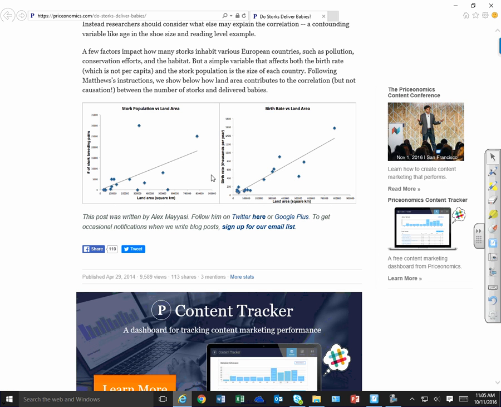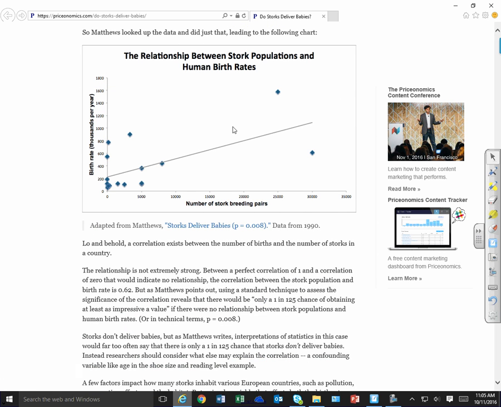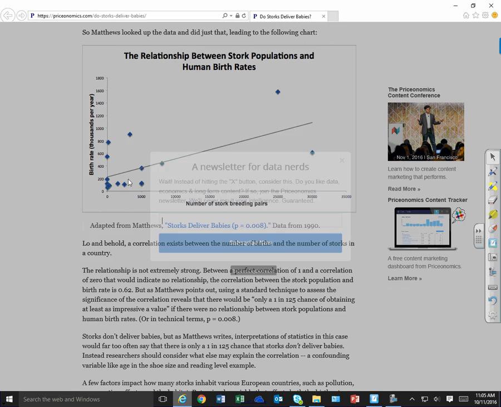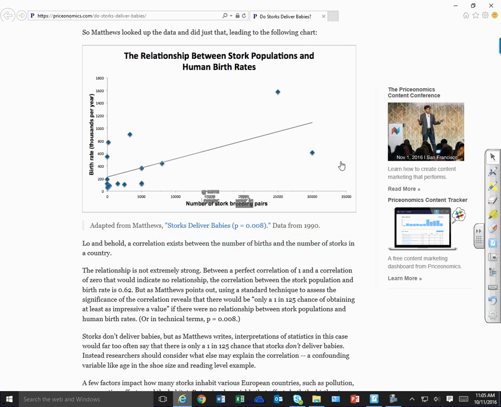birth rates and stork populations, and this was in, I think, Germany, at least the one I looked at, looking at the relationship between stork populations and human birth rates, we actually see that it is pretty highly correlated, which means that it looks like as X goes up, Y goes up.